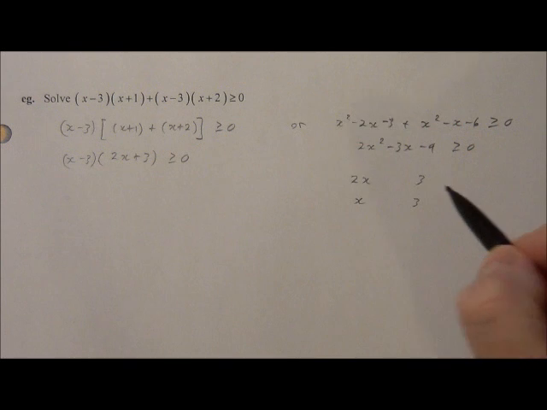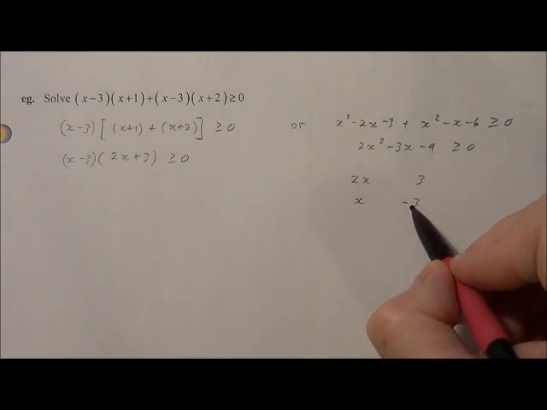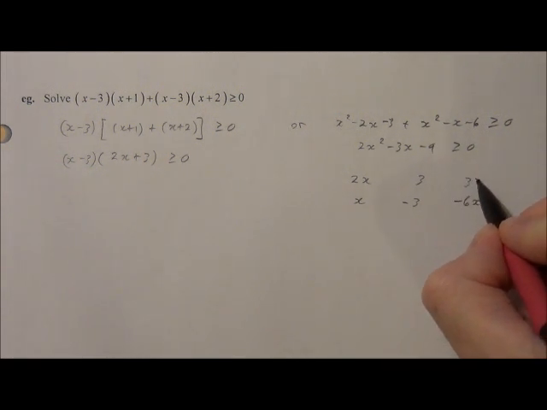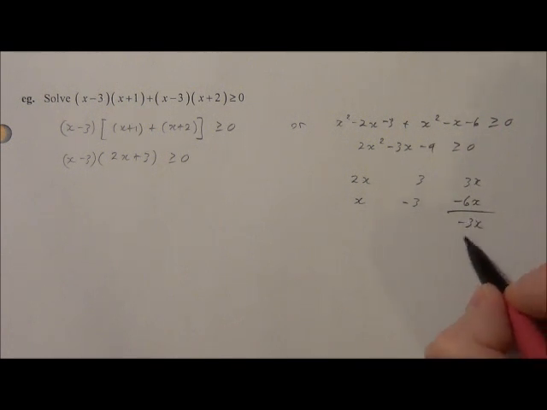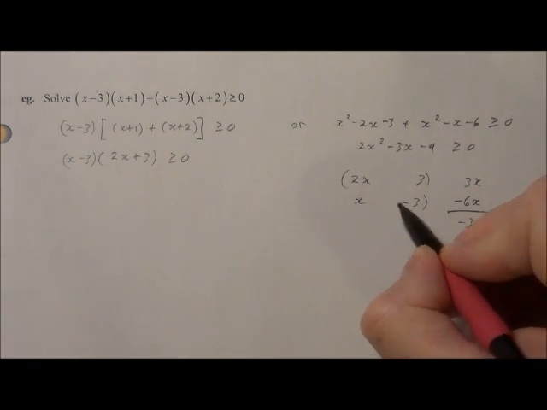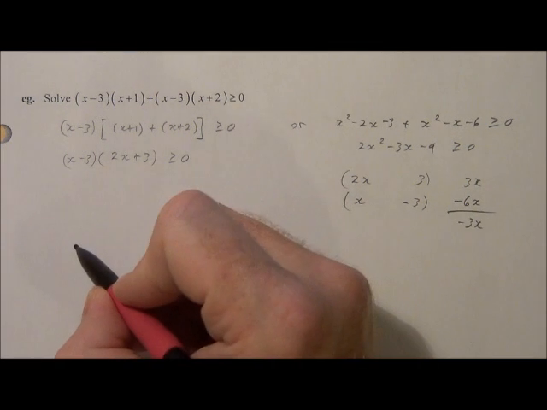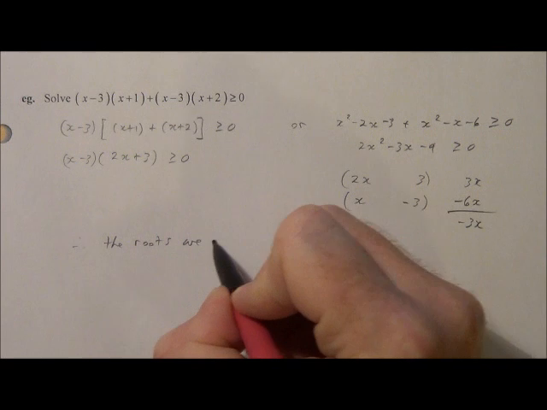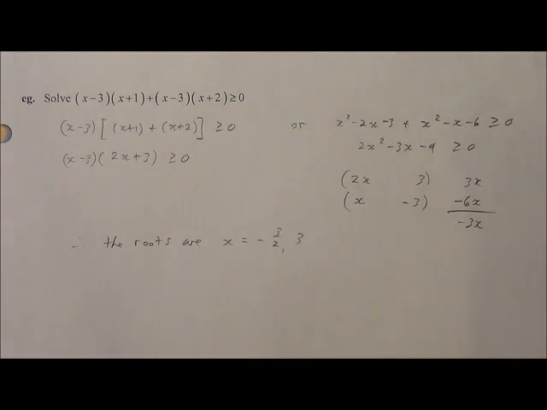I have to decide which one would use the negative sign, so I'm going to put the negative sign here. So the cross product part, negative 6x, multiply up there, we get 3x, and we add them together, there's the sum of the cross products, so we get negative 3x, which does match the middle term here. So these are the two factors, which we've already seen over here. Therefore, the roots are x equals negative 3/2 and 3.